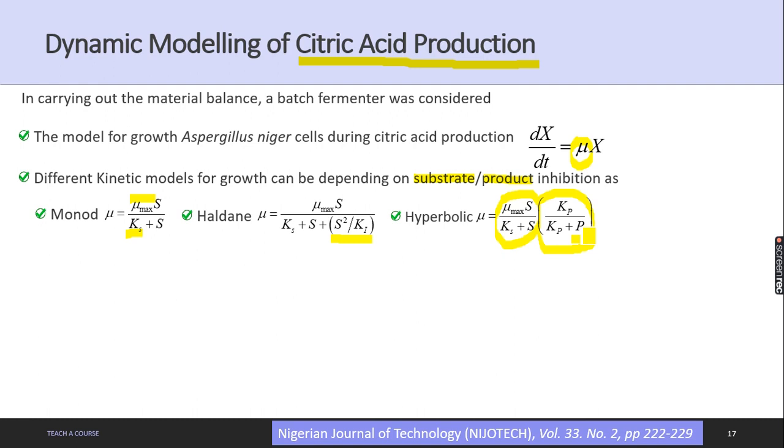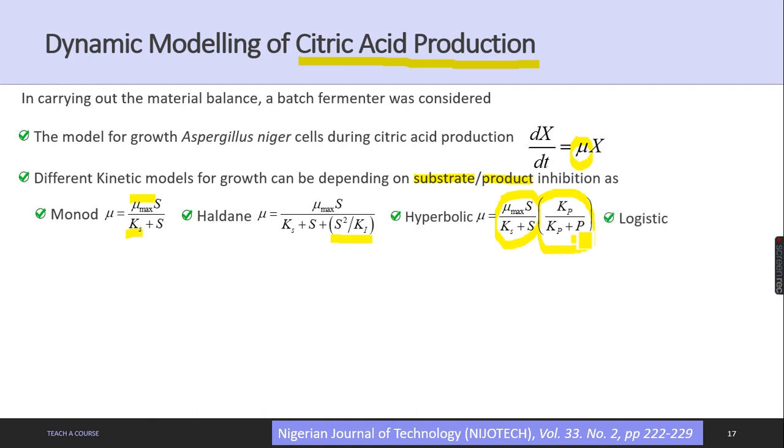When p is 0, that term becomes 1, because kp by kp is 1. So depending on how much product is synthesized, the specific growth rate can be lower with increasing product concentration. This is the hyperbolic growth model.